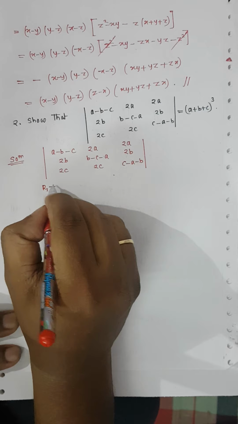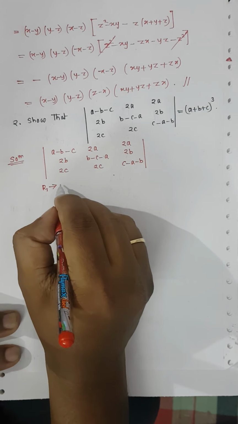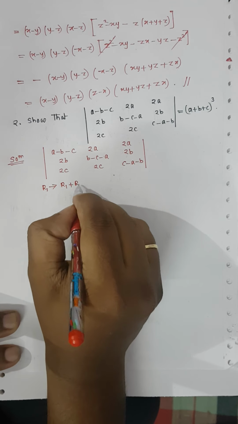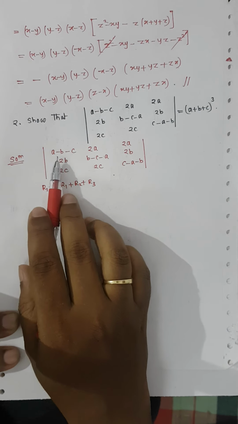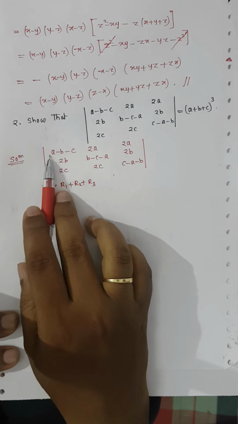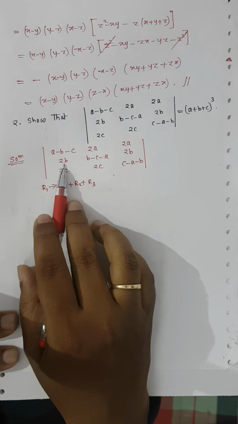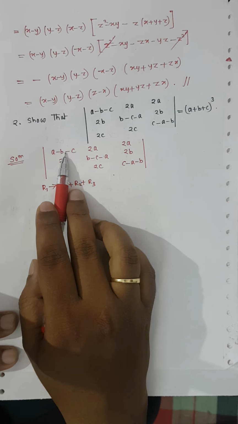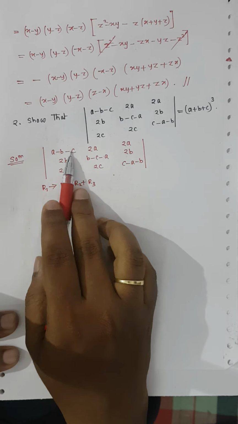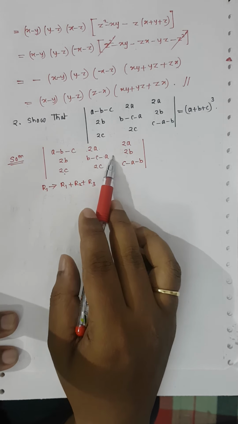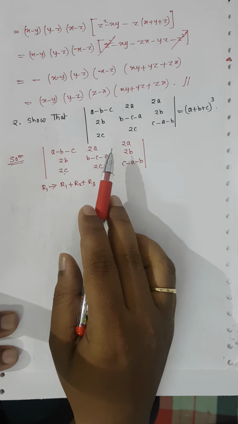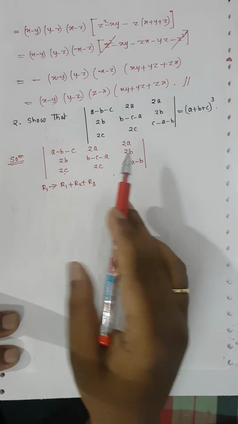Row 1 changes to row 1 plus row 2 plus row 3, because in row 1 I have a minus b minus c. If I add 2b and 2c here, it will become a plus b plus c. Similarly, 2a plus b minus c minus a plus 2c will be b plus c plus a.